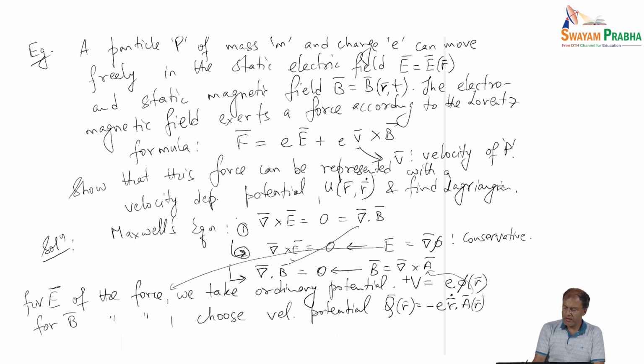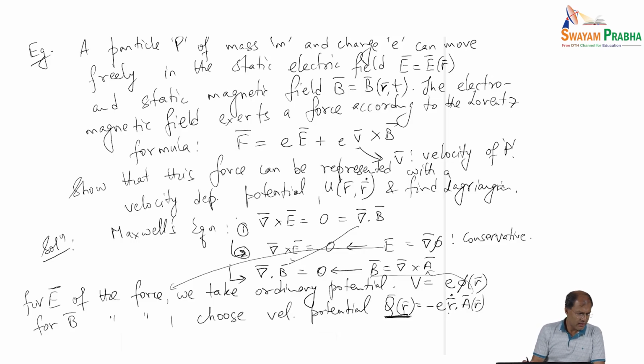A of R is related to the magnetic field, B is del cross A. And I'm choosing my Q of R, which is the generalized force, to be minus E times R dot A of R. This is my generalized force.